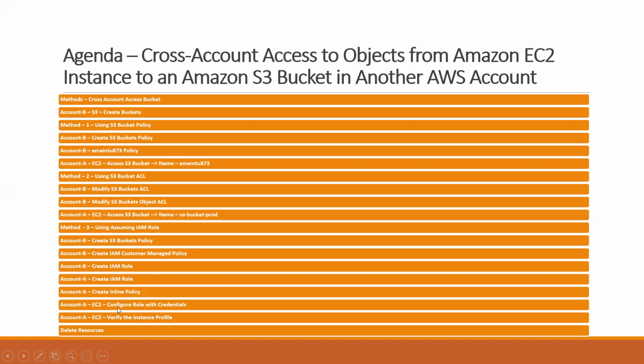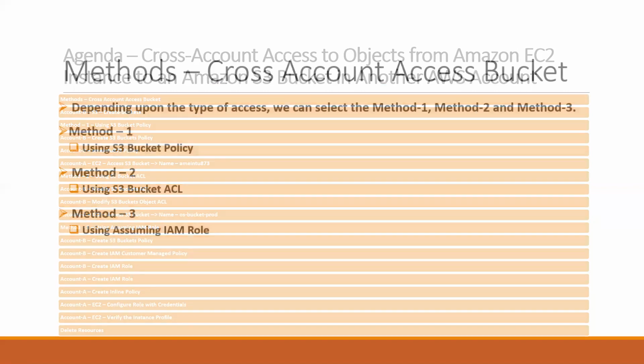We need to configure a config file there. After configuring this config file, we will verify whether we are able to access the bucket or not in the third method. This is the agenda for today, and at the end we will delete all those resources. So in this demo, we will cover all three methods for accessing the S3 bucket from the other account.